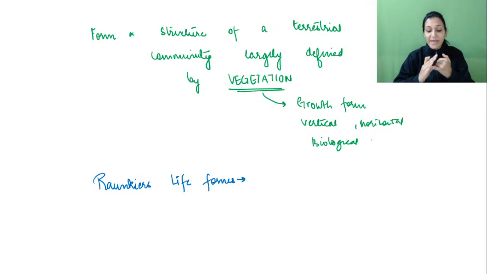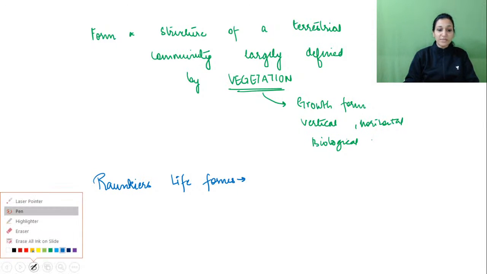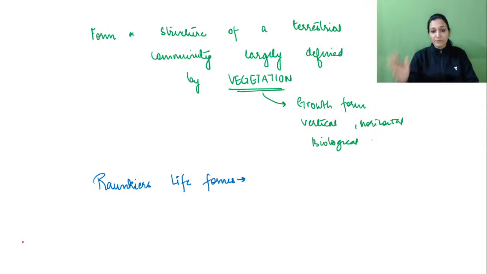So Raunkiaer's life form is based on what all things? There are basically 6 life forms included in Raunkiaer's life forms. So first of all, we will see what Raunkiaer's life form is, and then we'll be seeing the 6 life forms.